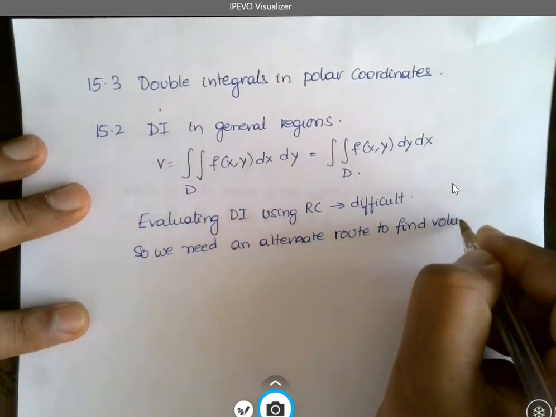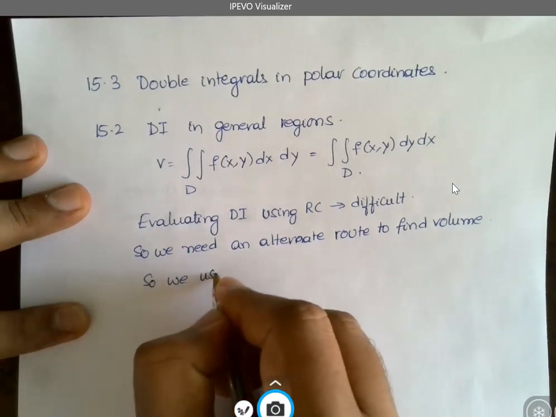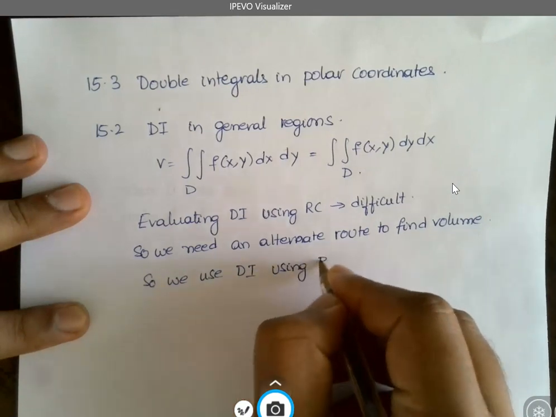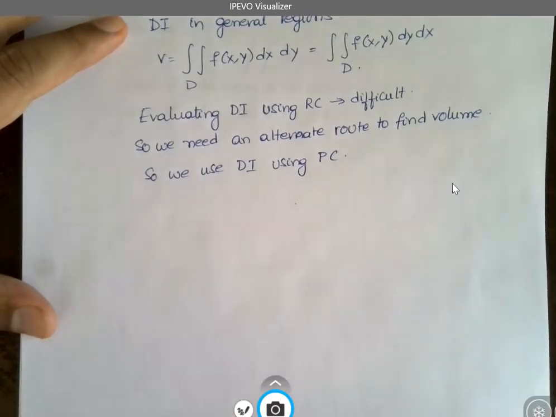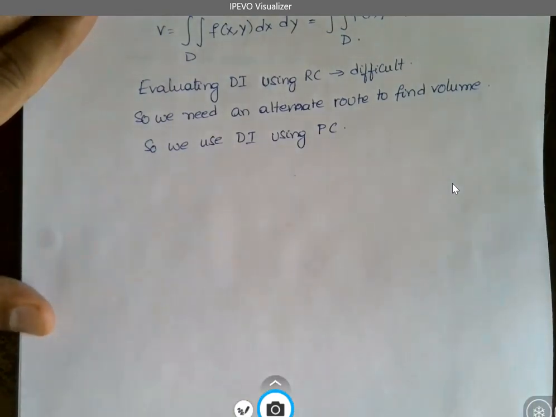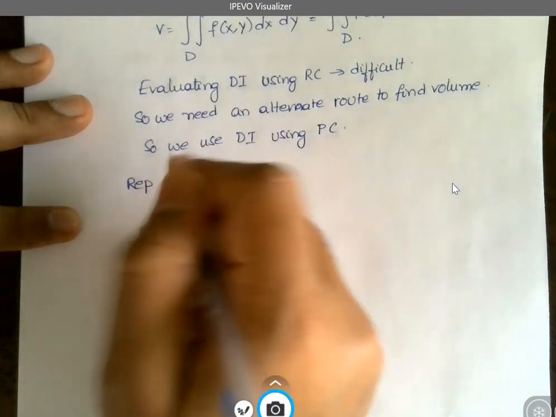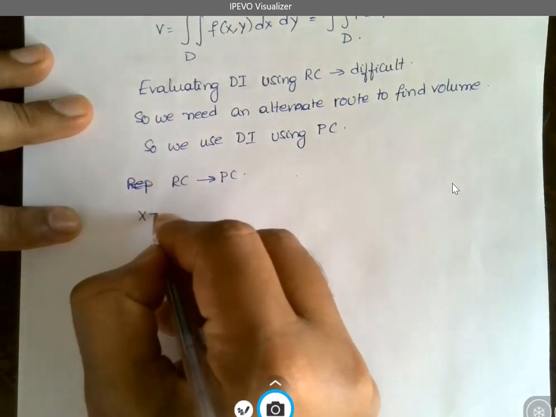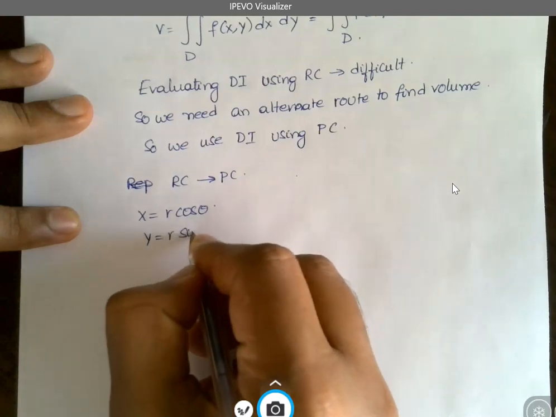So we use double integrals in polar coordinates. You don't need much of an introduction to polar coordinates because you have seen them in Calc 1 or 2. To move from rectangular to polar coordinates, x is r cosine theta and y is r sine theta.